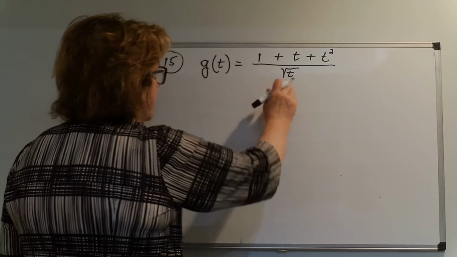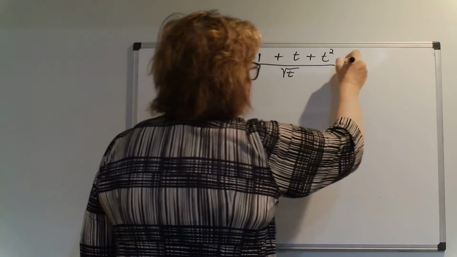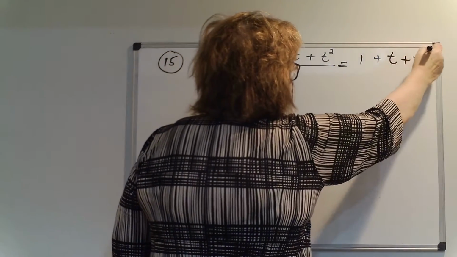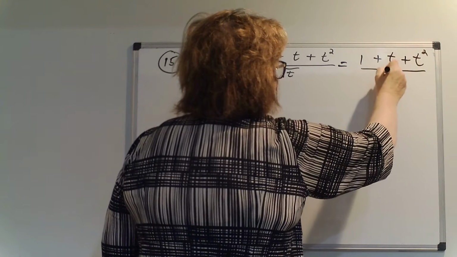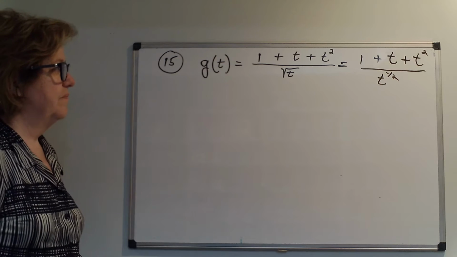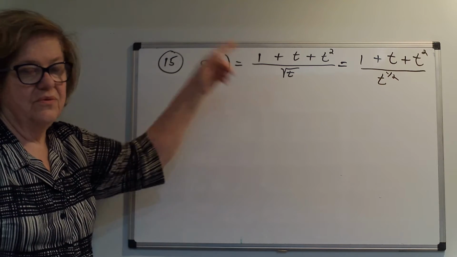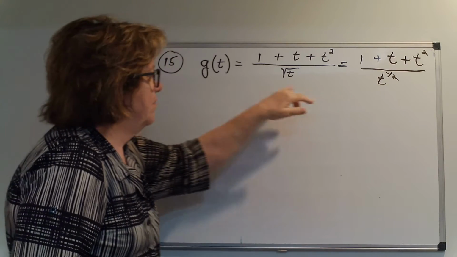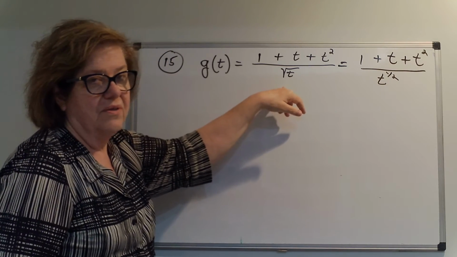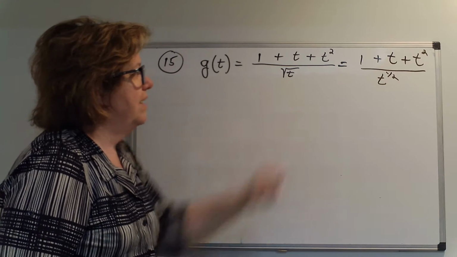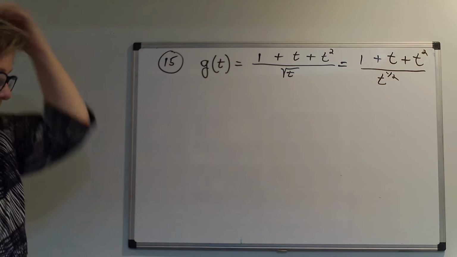We have to write all our exponents with no square roots, no cube roots. A square root is t to the 1/2. Cube root would be t to the 1/3. Fourth root would be t to the 1/4. We need to write it in this form.